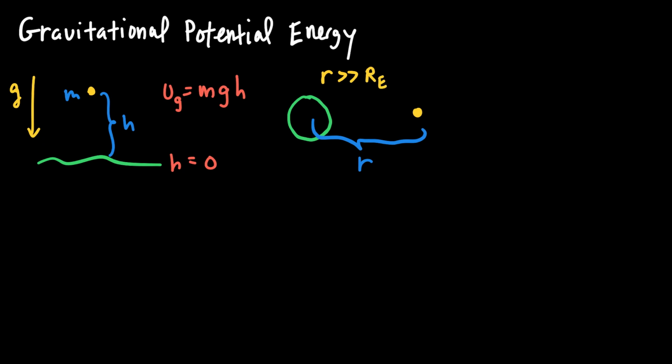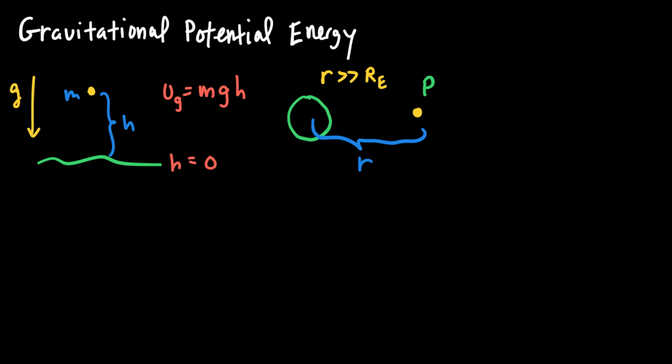Once we start to have big changes in r, or we get far away from the center of the planet, then the gravitational field, lowercase g, is no longer constant. And so we can't say that the gravitational potential energy that that object has at that point, I'll label that point P, is equal to mgh.